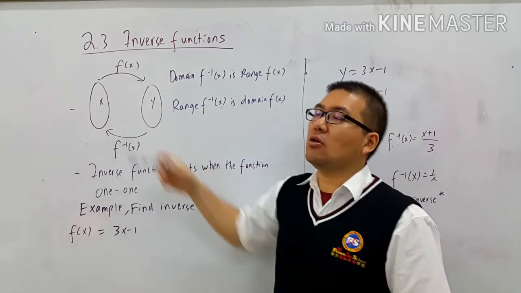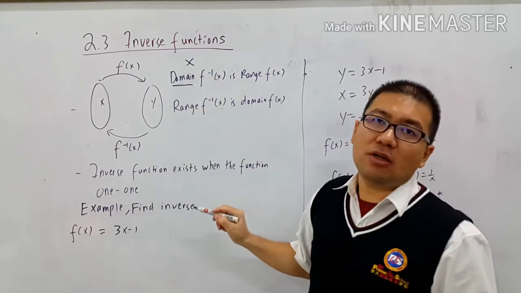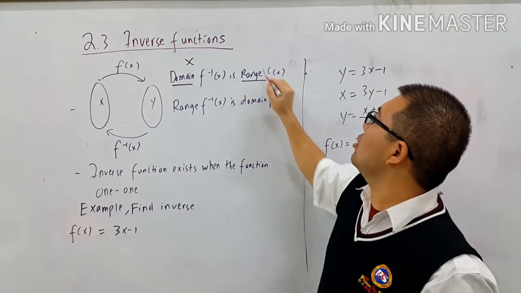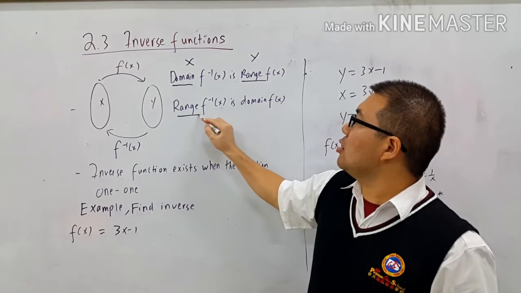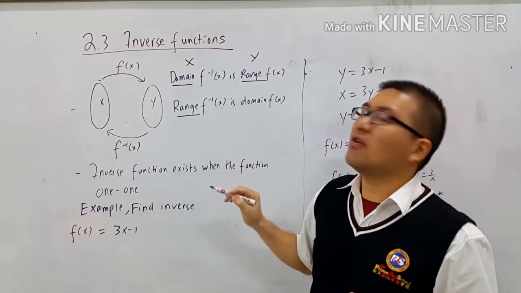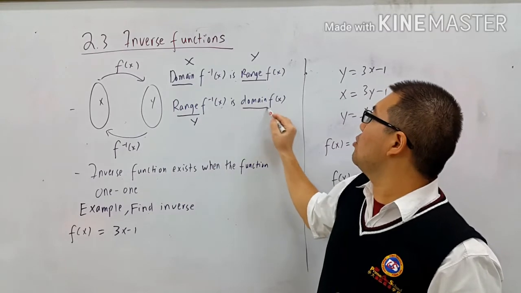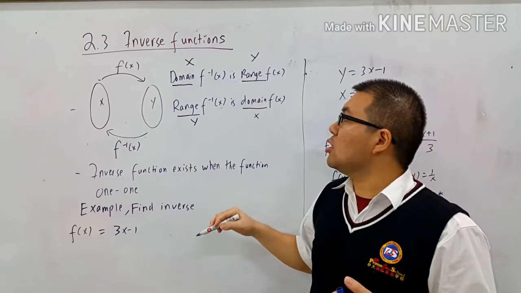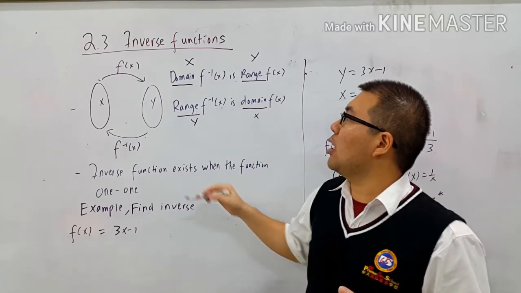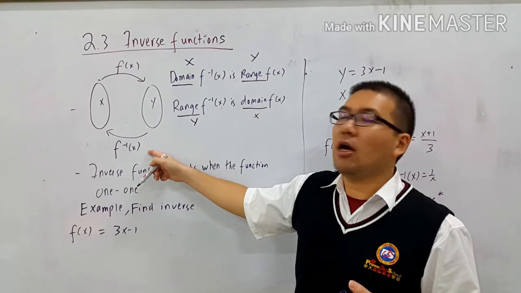Okay, so logically talking, the domain, which is the x value of my inverse, should be the range, which is the y value of my f(x). The opposite is also true. The range of my inverse, which is the y value of my inverse, should be the domain of my f(x). Okay, so the question is, how do I convert my f(x) into the inverse, f inverse of x?